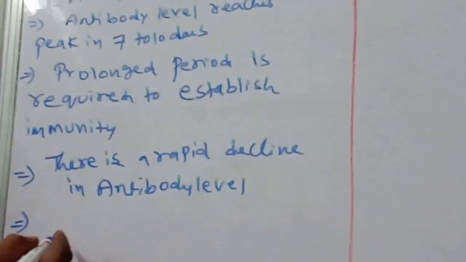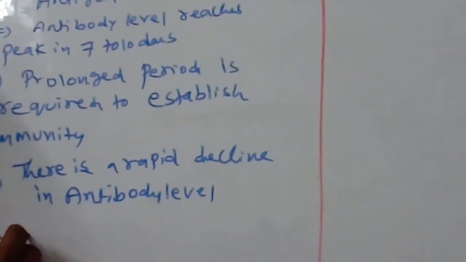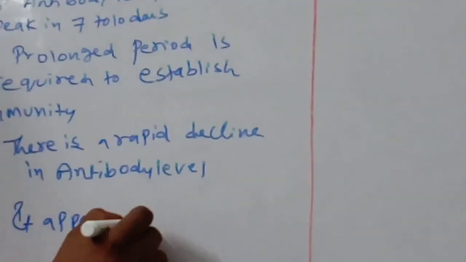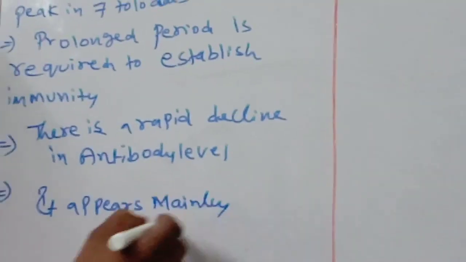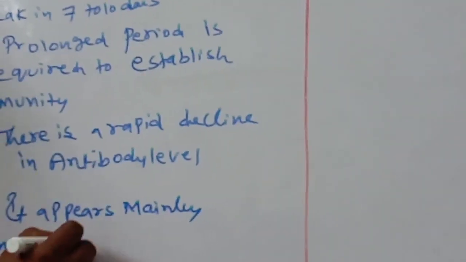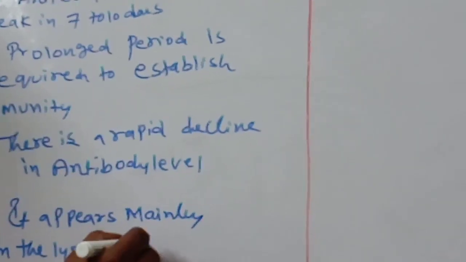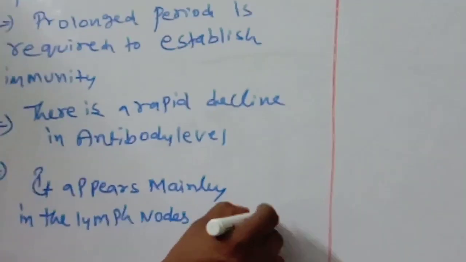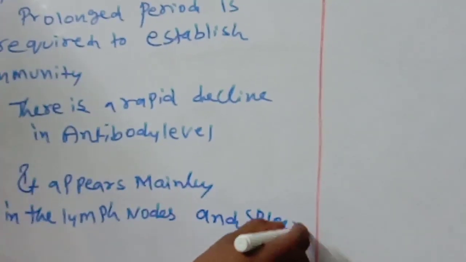Next, it appears mainly in the lymph nodes and spleen.